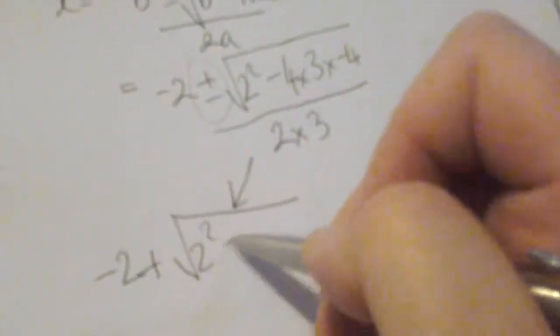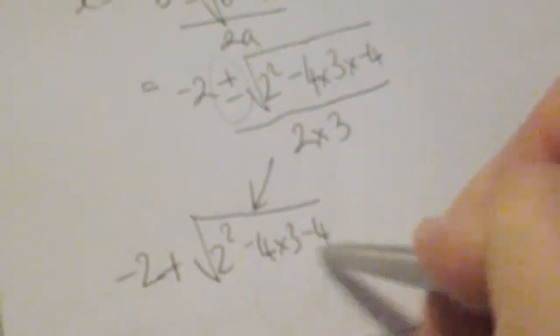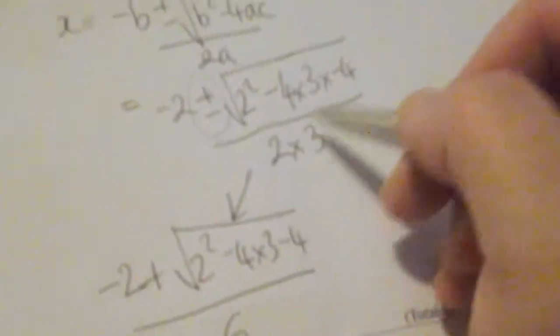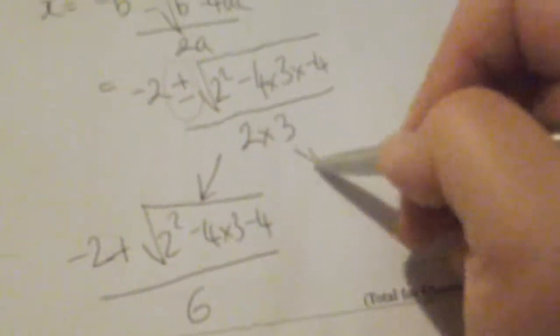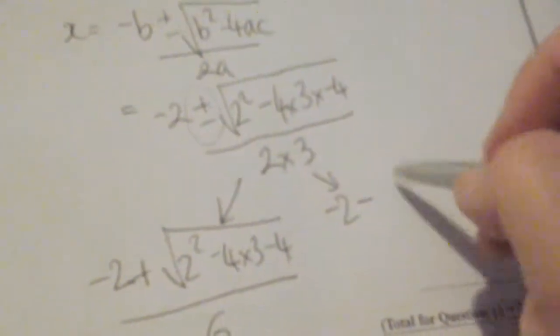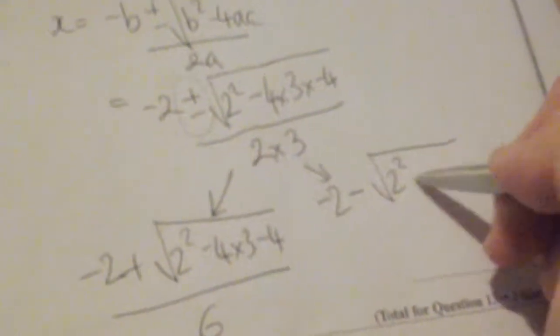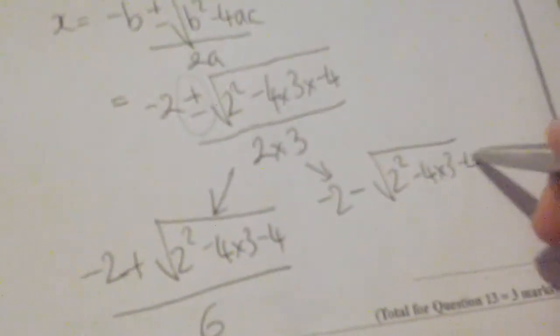One, well, you do minus 2 plus that, and divide by 6, 2 times 3. And one where you will do minus 2 take away. Simple as that. And all I'm going to do, using the fraction button, is type that into your calculator. I'll show you one and leave you to do the other one.